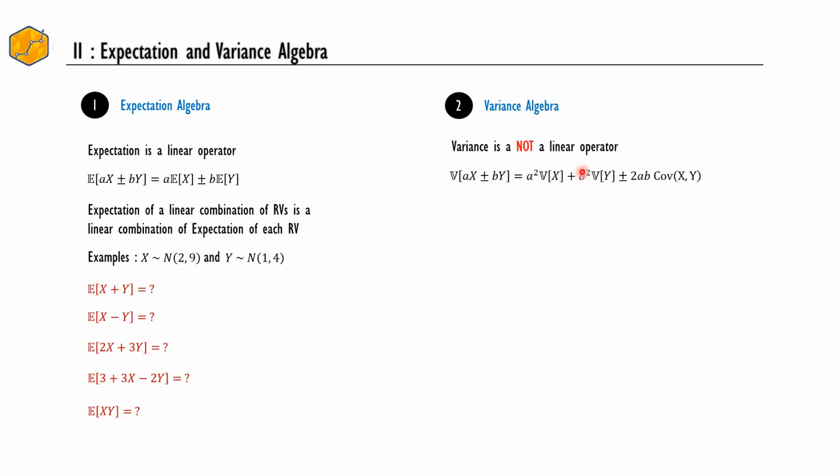And then depending on whether you have plus or minus, you retain that sign over here: plus minus 2ab covariance of X and Y.